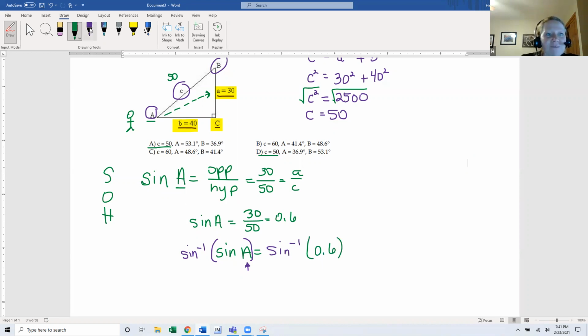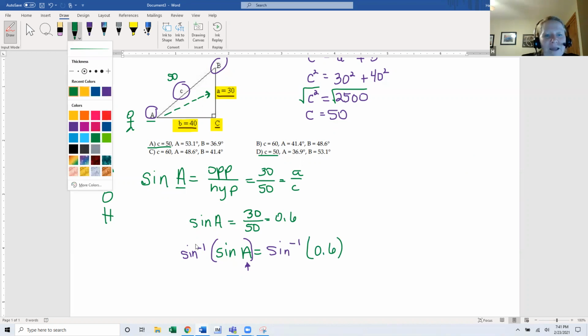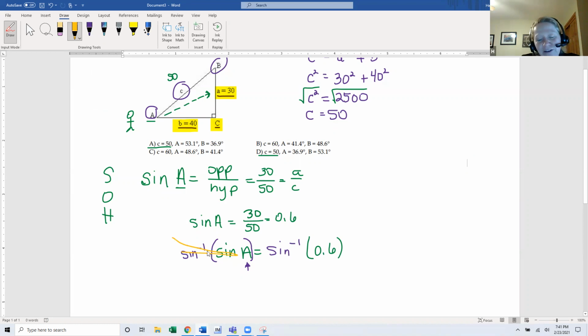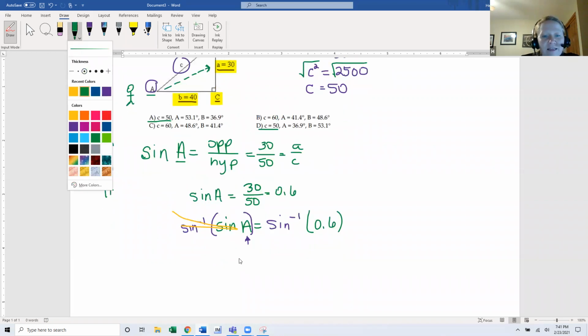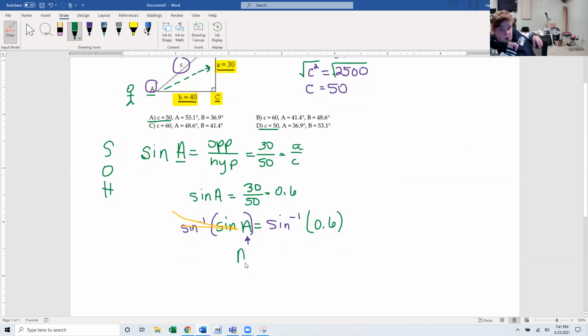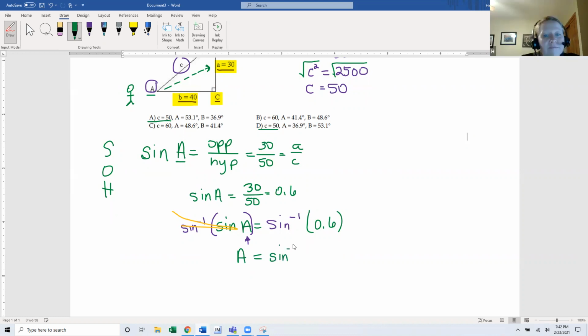But that's what we're doing. So sine and inverse sine are going to cancel each other out, and we end up with just A equals sine minus 1 of 0.6.